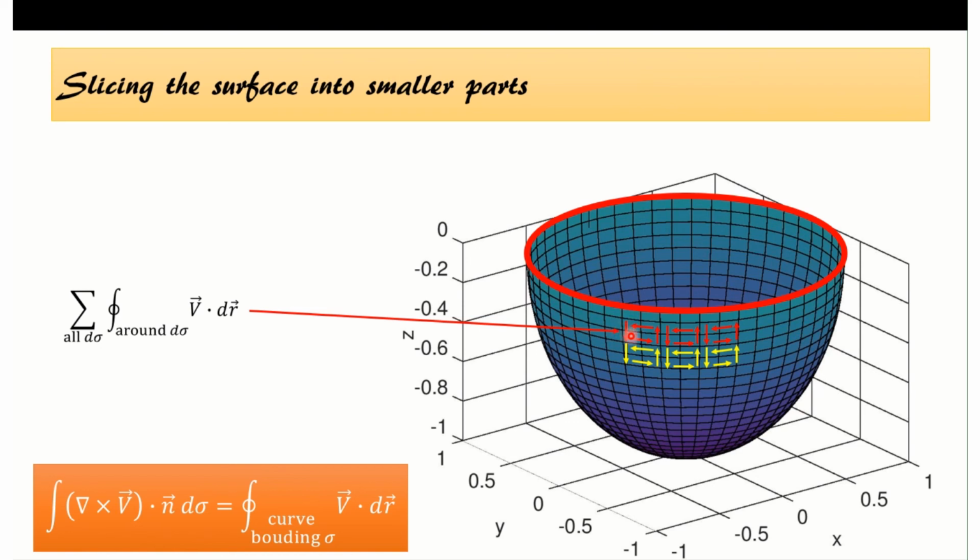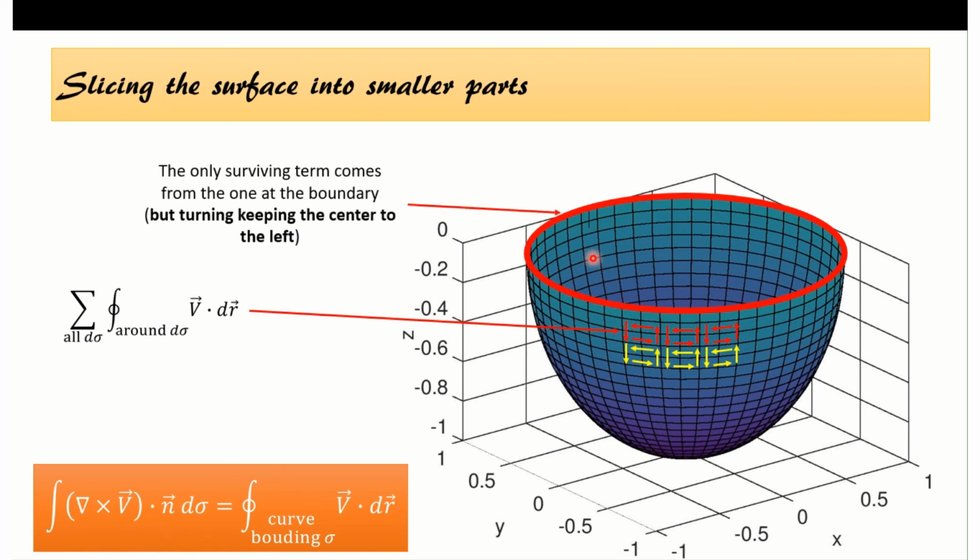So at the end of the day, the only surviving term is the one that is over here. Okay, and that is the rationale behind the idea of integrating the curl into just evaluating the vector field along the boundary of the surface.